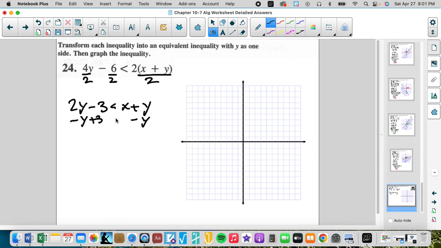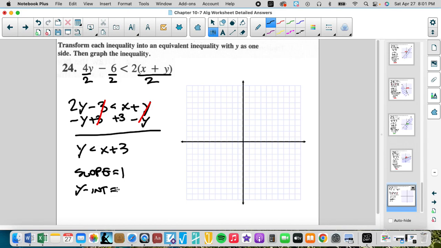Let's add the 3 to the other side. These cancel, these cancel. You're left with y is less than x plus 3. That has a slope of 1, a y-intercept of 3, not equal to, so open circle, slope up 1, right 1, up 1, right 1.